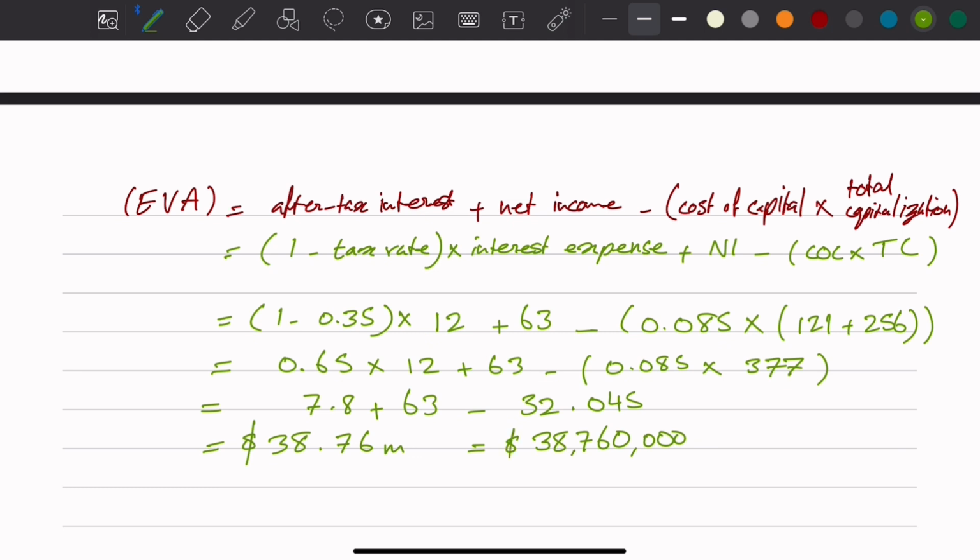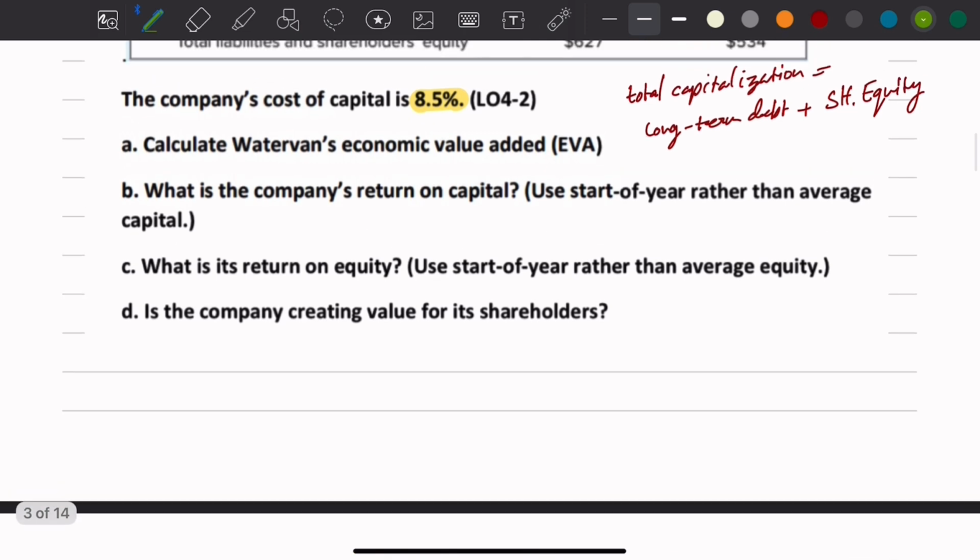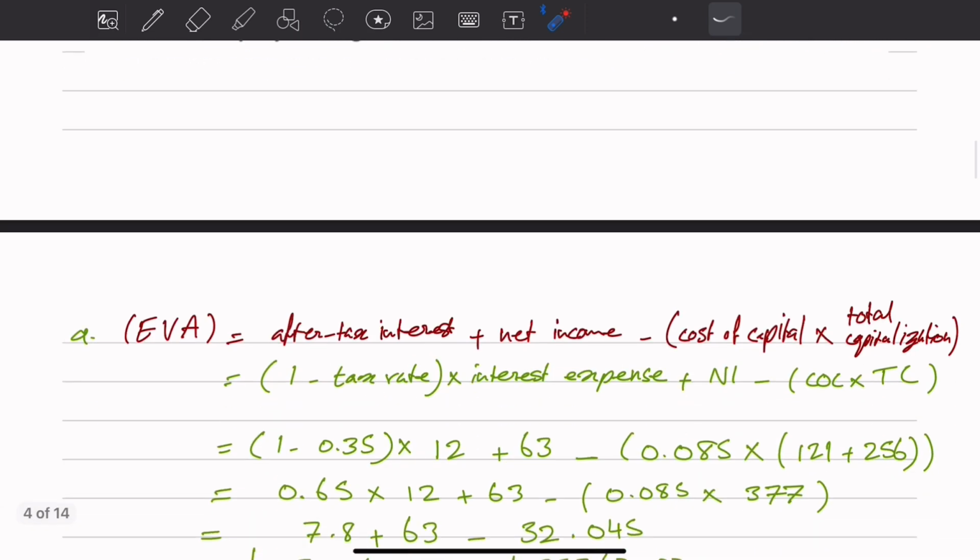All right, so that's requirement A completed. That's the economic value added for the company. For requirement B, what is the company's return on capital? It says, between brackets, use start of year rather than average capital. So the question is specifically asking us to use the start of year figures.